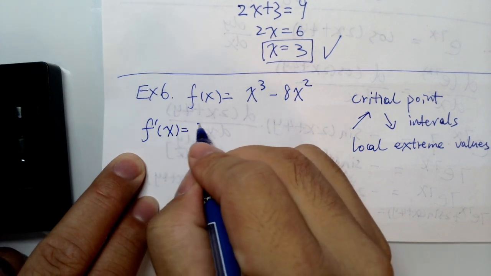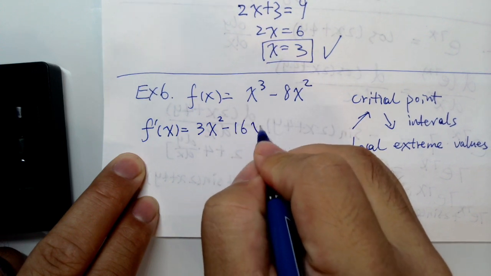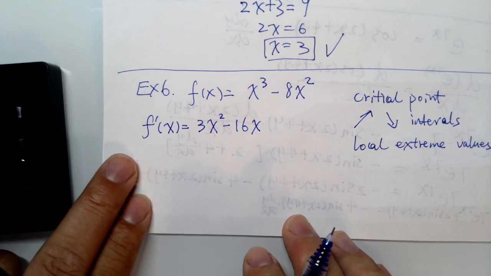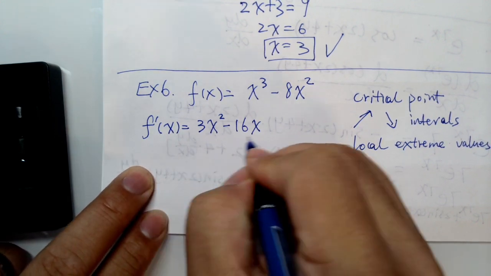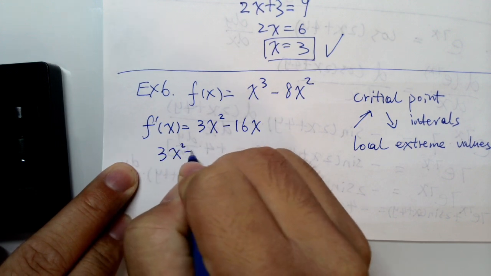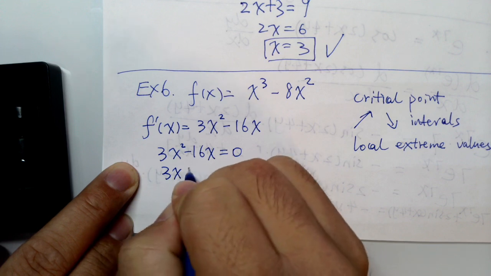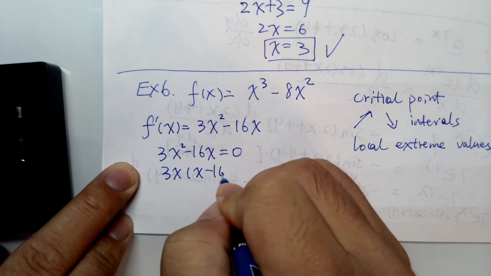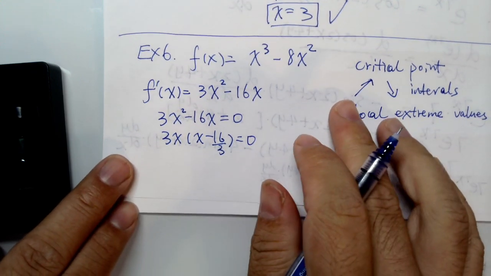So to find the critical points, we take the derivative, right? That gives us 3x squared minus 16x. Then you set the derivative equal to 0, that is 3x squared minus 16x equals 0. Here you have to be careful.